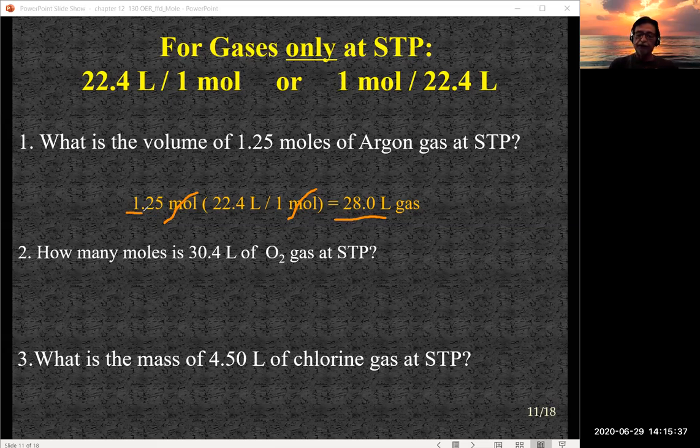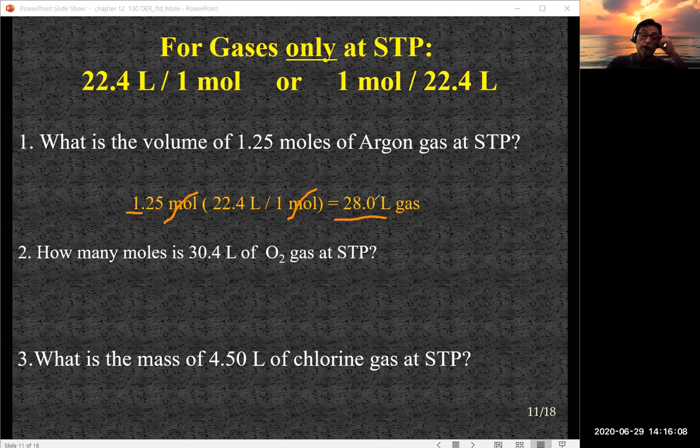So you should have a number greater than 22.4 liters. And in this setup, it's correct, 28 liters. So that answer makes sense. Sometimes we're quick to set it up and just plug in the numbers in the calculator and then just report that number. Well, look at that number. Does that make sense based on the mathematics that we did?